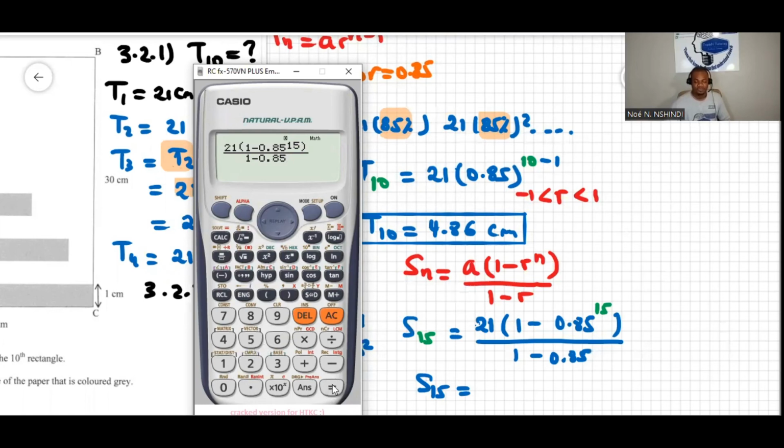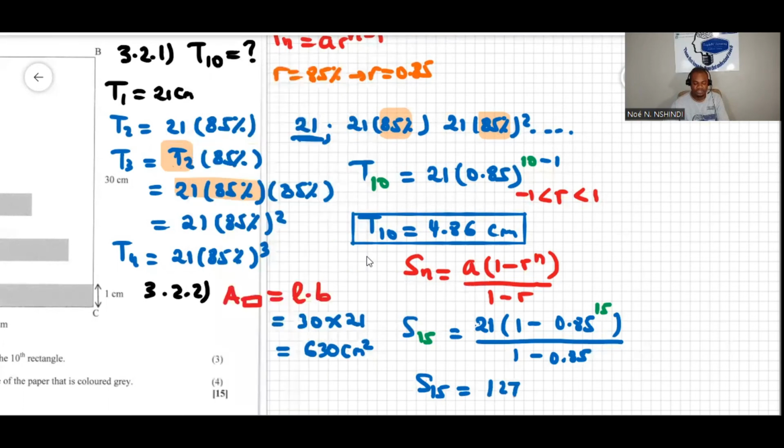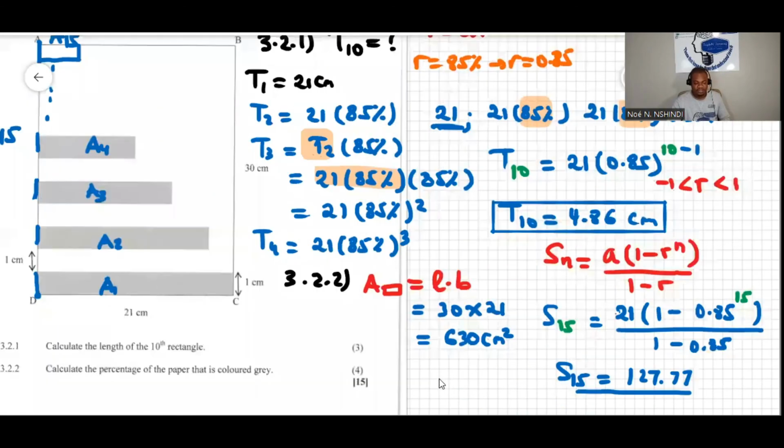When we hit enter, we have 127. So S15 is 127.77. That's S15. Now, this is the total sum of all the area over here, all the gray area.